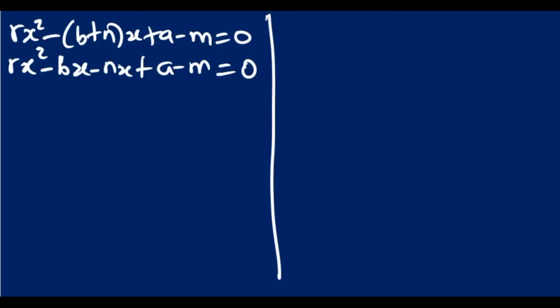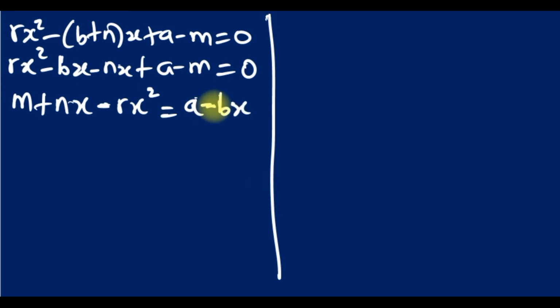So let's move this to the other side to see what will happen. If you move minus m to the other side, it becomes plus. If you move minus nx to the other side, it becomes plus nx. And finally, if you move rx squared to the other side, it becomes minus rx squared. So remaining, we didn't move a, and we didn't move minus bx. So these and these are the same.